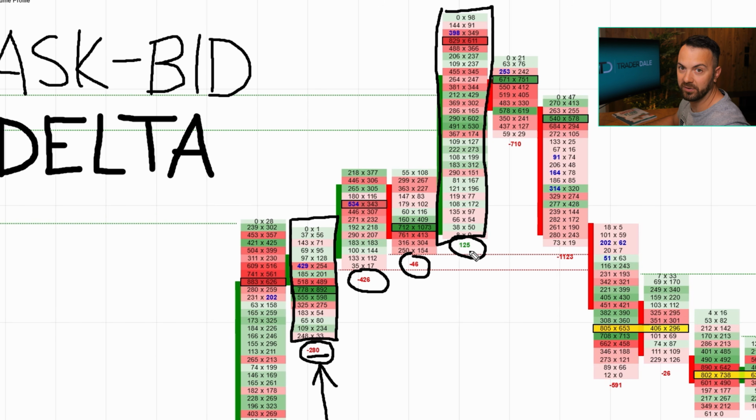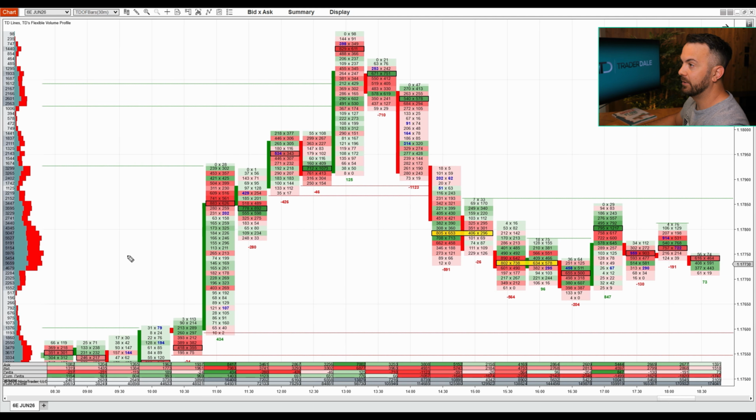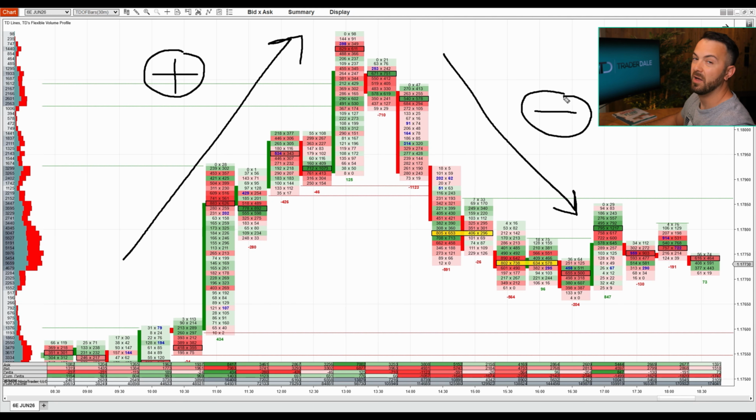Delta is positive. Now, delta is a fantastic thing and it can help you in many ways. For example, when the price is rising, the delta is usually positive. When the price is falling, the delta is usually negative. But sometimes it's not like that and you will see a divergence.